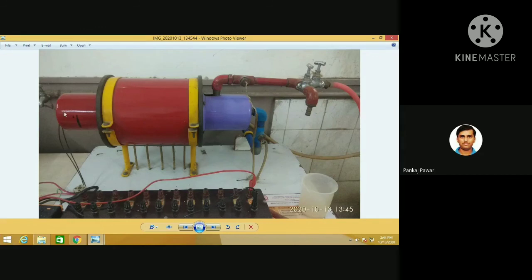Here we are going to keep the heat input constant throughout the experiment, and at the same time the water supplied on the cooling water jacket side we are also going to keep constant throughout the experiment. We are not going to change it at all. So for that constant heat input we take the temperature readings up to steady state, and once you get the steady state we'll go for the calculation part.